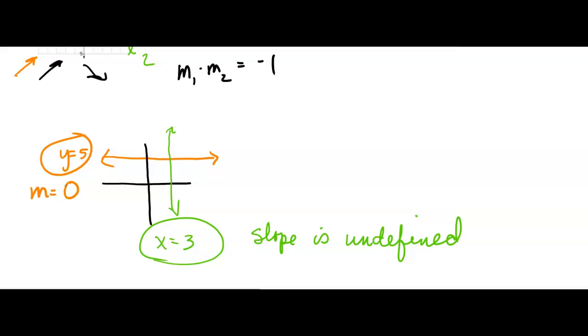Well, yeah, they are, because if you do the reciprocal of 0, that's undefined. But anyway, I just point out that kind of exception to the rule. But might not seem like it follows the rule, but it really does. Okay, I guess it's not an exception, just something to think about. Okay, so that is a good point, though, that horizontal lines have a slope of 0, vertical lines have a slope that's undefined.